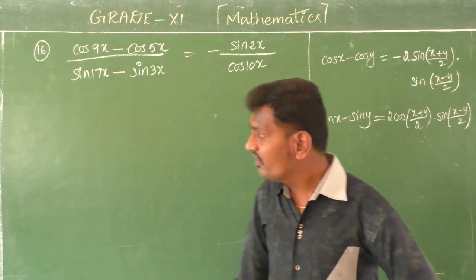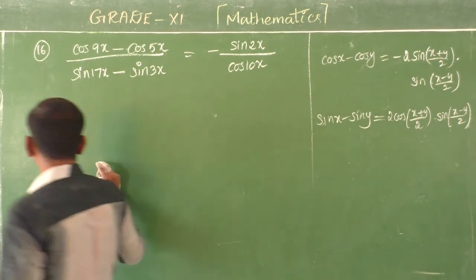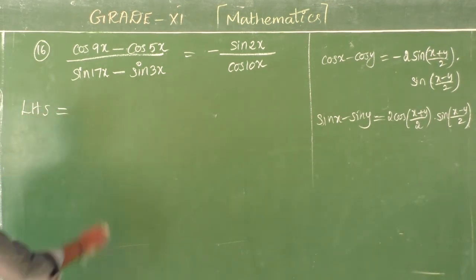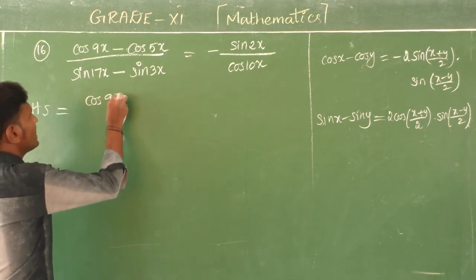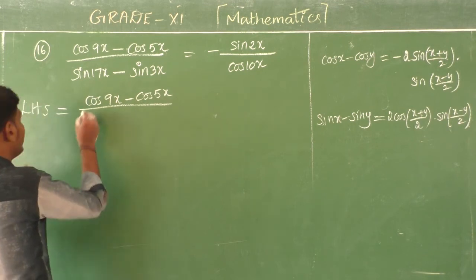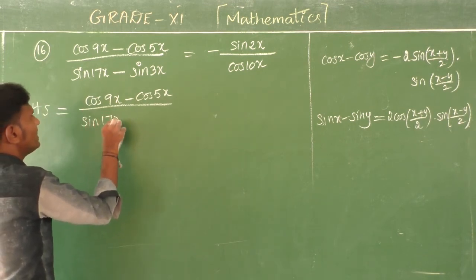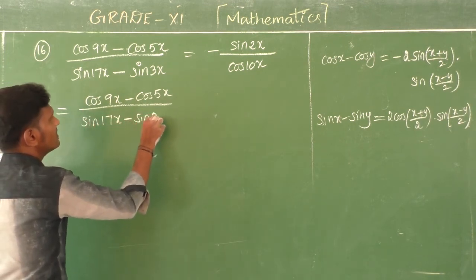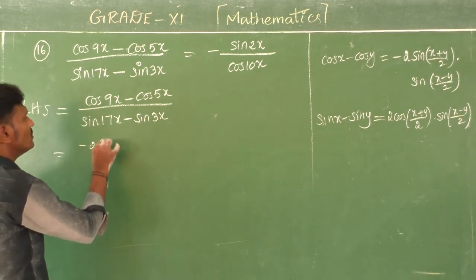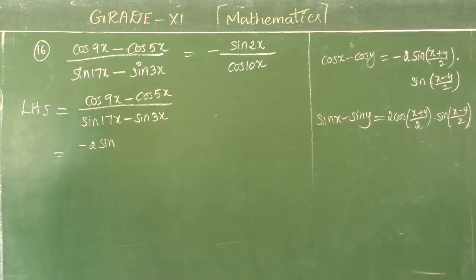Now, for the next question, I am going to do the simplification. Take the left side. What is on your left side? Cos 9x minus cos 5x, whole divided by sin 17x minus sin 3x. For cos x minus cos y, the formula is minus 2 sin (x plus y) by 2. Here x is 9x and y is 5x.